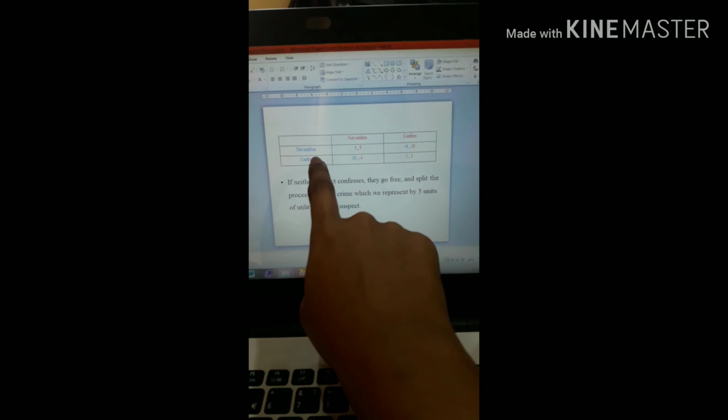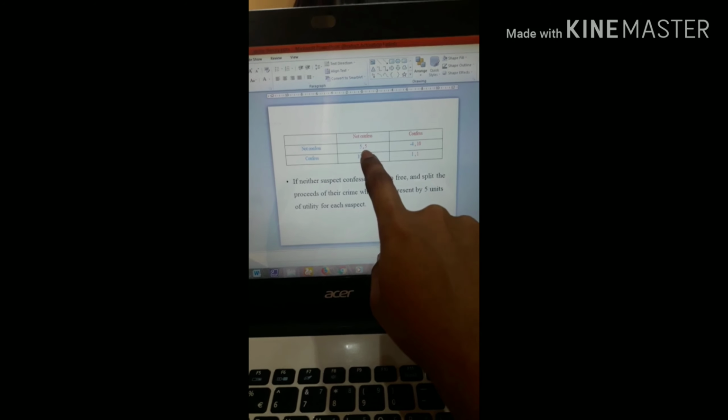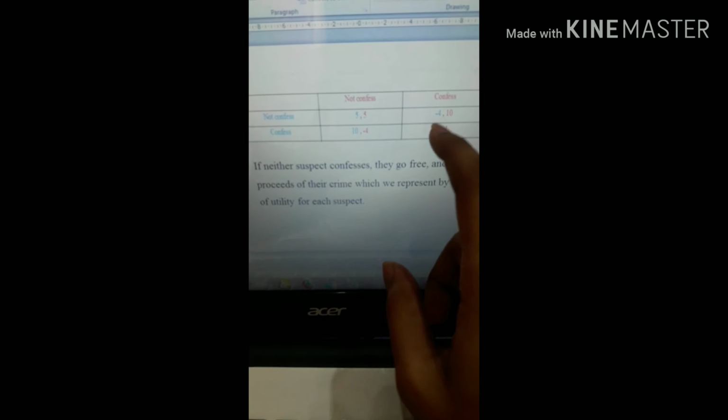As you see here, if prisoner 1 doesn't confess and prisoner 2 also doesn't confess, each of them will get 5 years of jail. If one person doesn't confess and one person confesses, the person who confessed will be set free, and the person who didn't confess will get 6 years of jail.